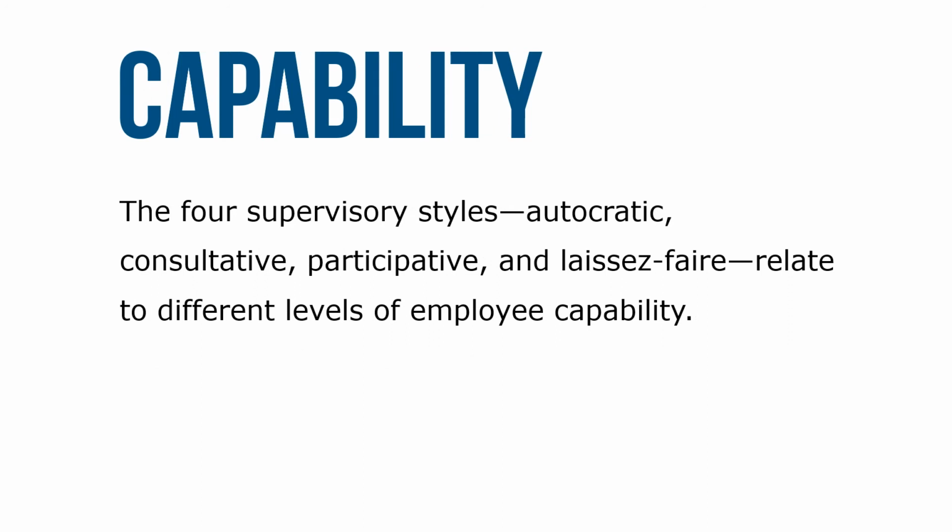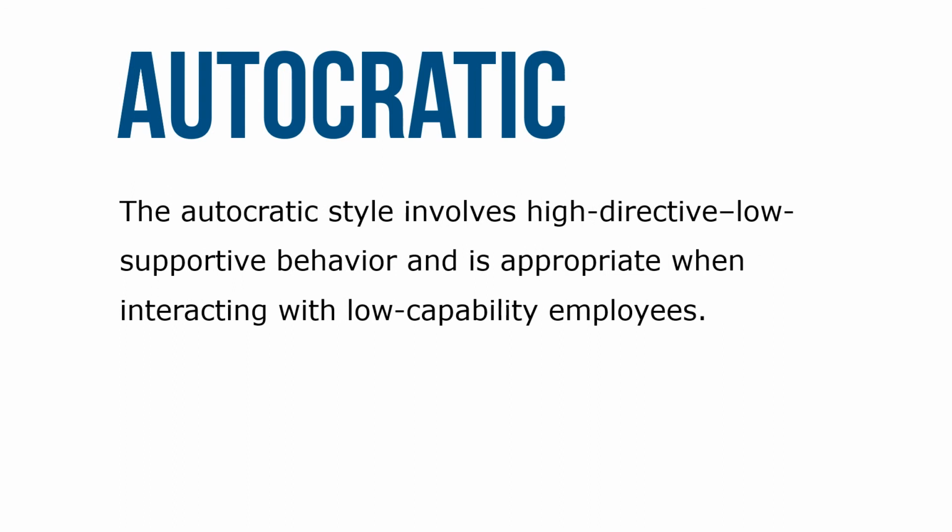The four supervisory styles, autocratic, consultative, participative, and laissez-faire, relate to different levels of employee capability. The autocratic style involves high directive, low supportive behavior and is appropriate when interacting with low capability employees. You give very detailed instructions describing exactly what the task is and when, where, and how to perform it.